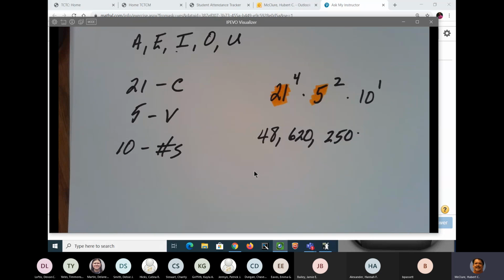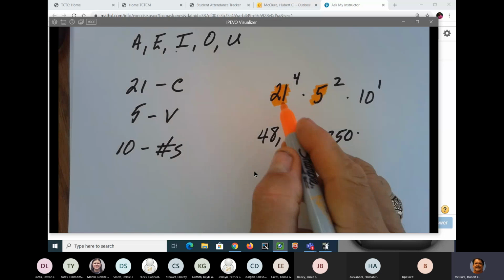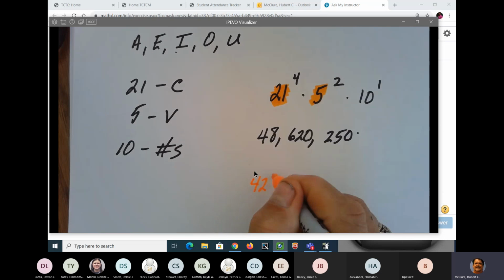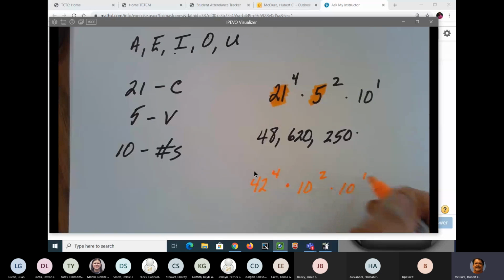All right, so instead of 21, that's going to be 42 to the 4th power times 10 to the 2nd power times 10 to the 1st power. So you're talking an even bigger number.